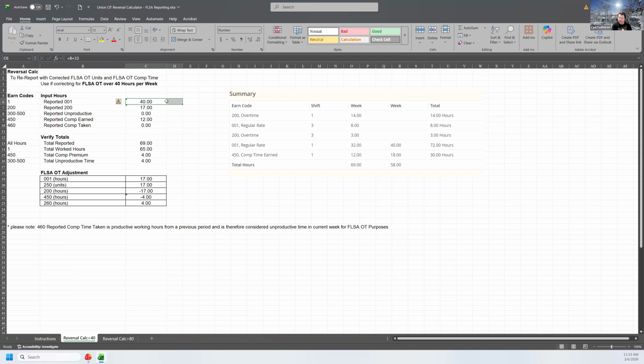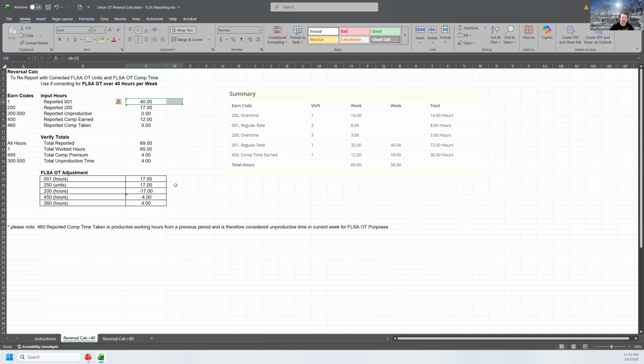Just because you were paid for contractual back in biweekly 2, 3, or 4, that does not mean it has to stay contractual. In this case, we've determined all of it was worked after 40 hours for the whole week in total. All this overtime was due to you because you had worked over 40.